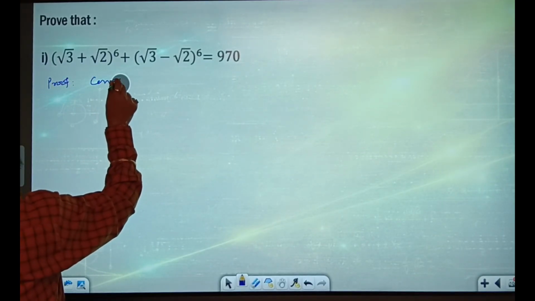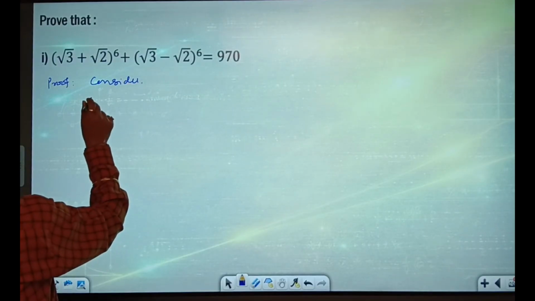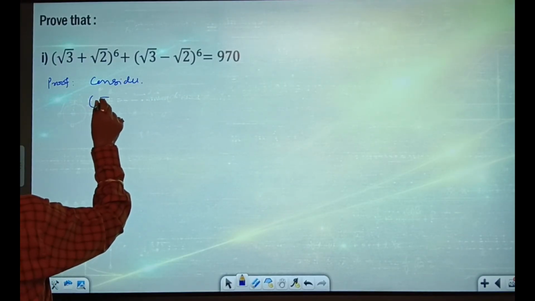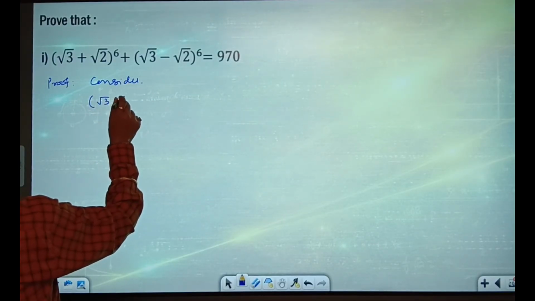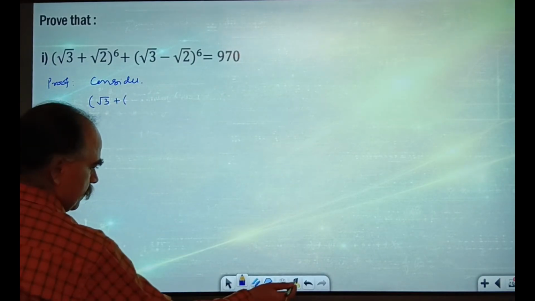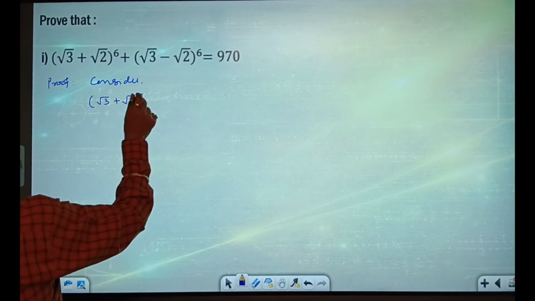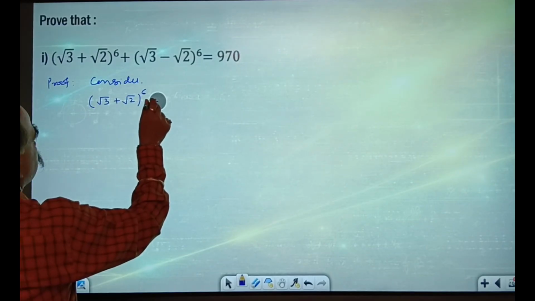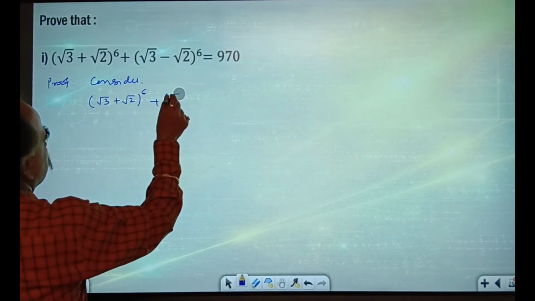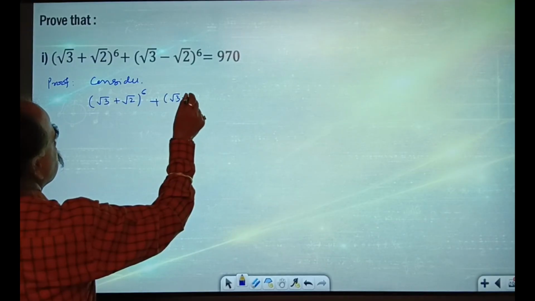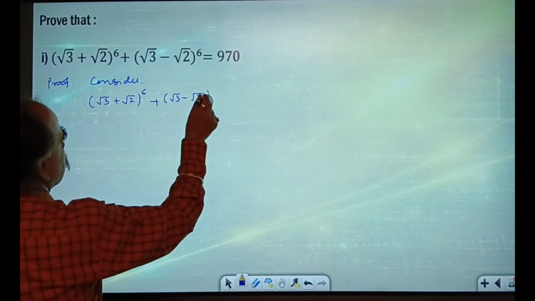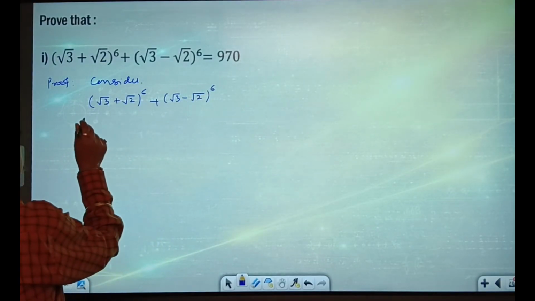Consider root 3 plus root 2 raised to 6 plus root 3 minus root 2 raised to 6.